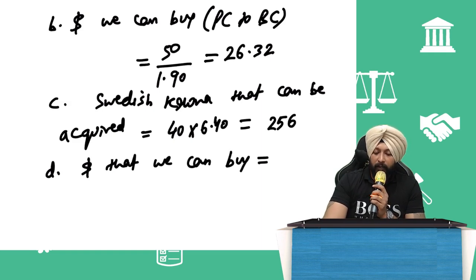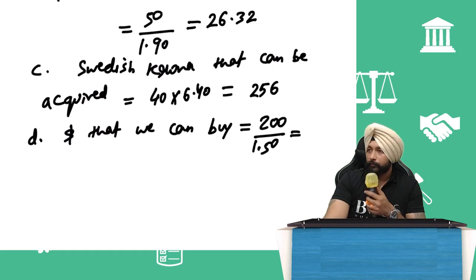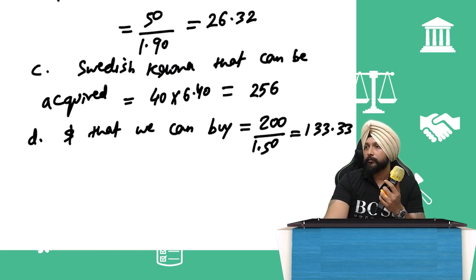Next, dollar that we can buy. 200 divided by 1.50, 133.33.